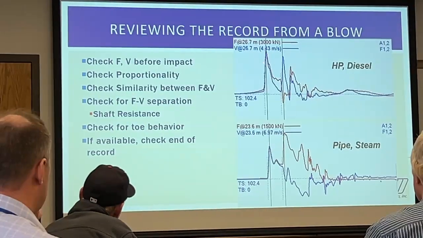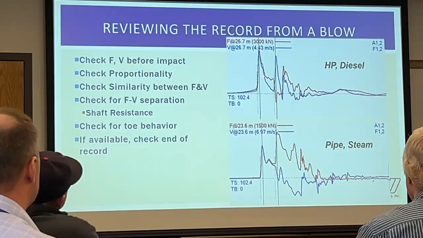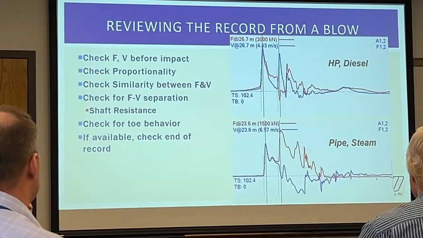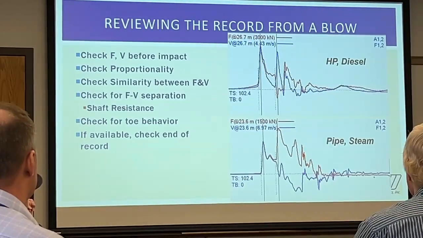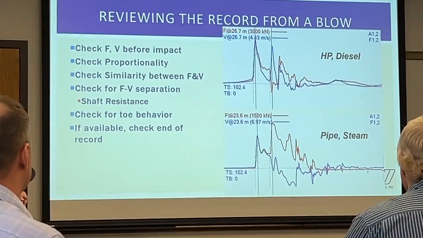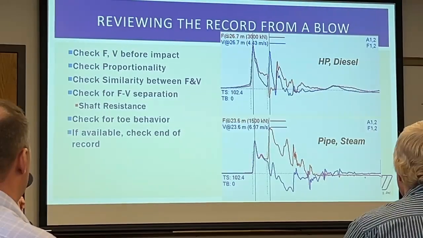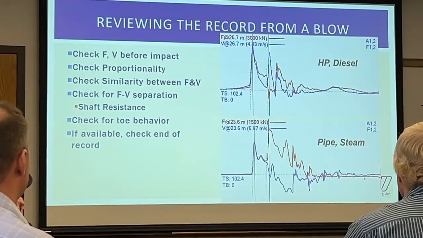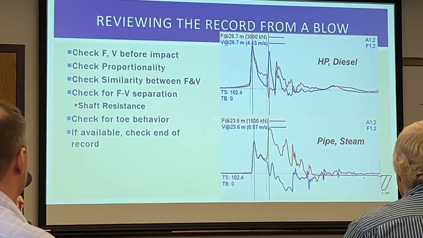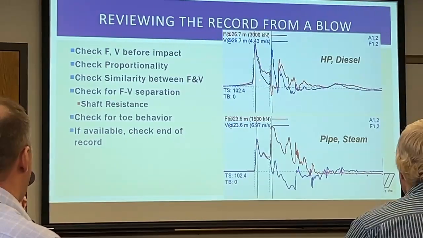And so they're tracking one another to this point, and then our force starts to separate from our velocity. Our velocity slows towards zero, our force is creeping a little bit upwards in this region, and we don't really see that on this particular pipe pile. So that difference is telling us what?